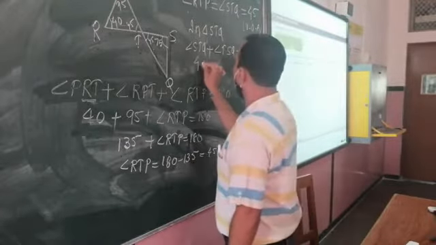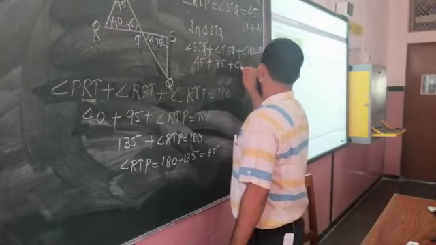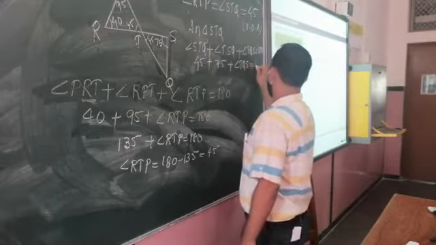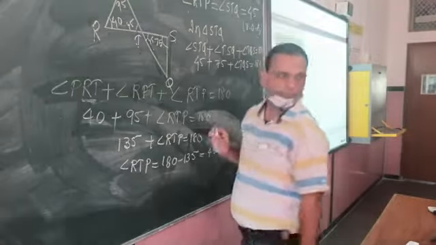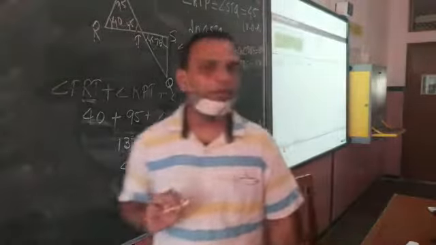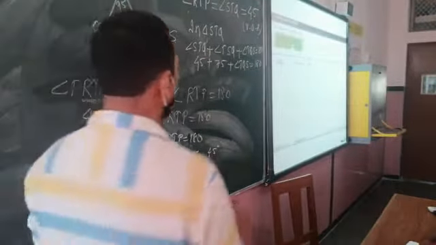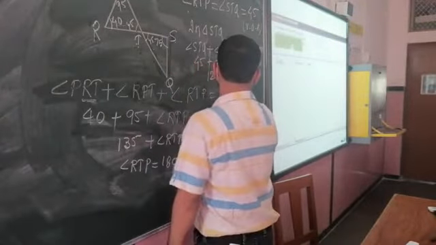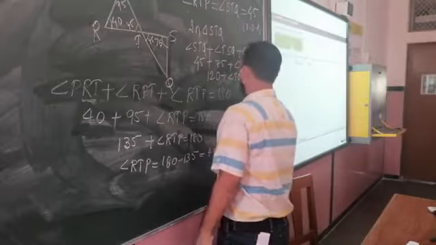This we will put 45. This is how much? 75. So 45 plus 75, how much? 120. 120 plus how much equals 180?